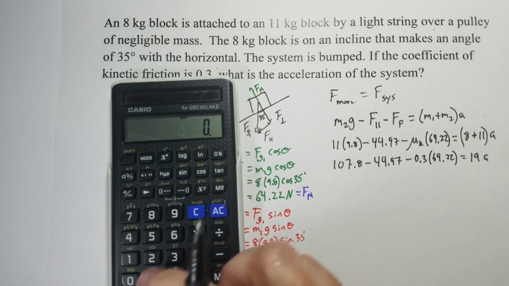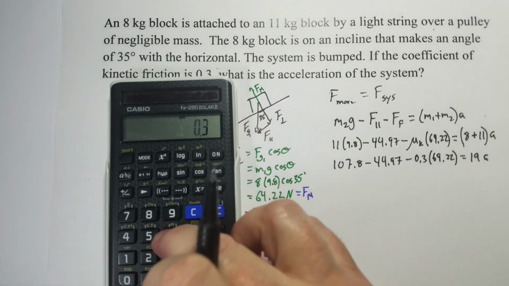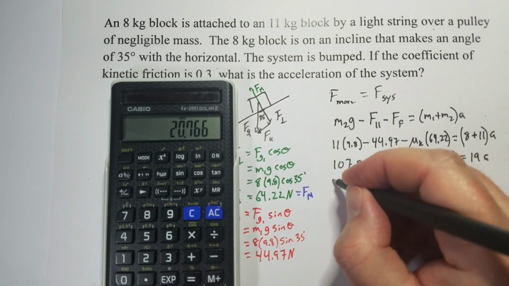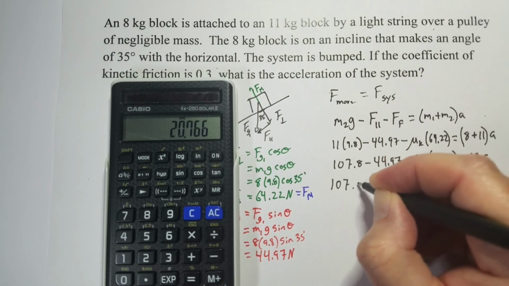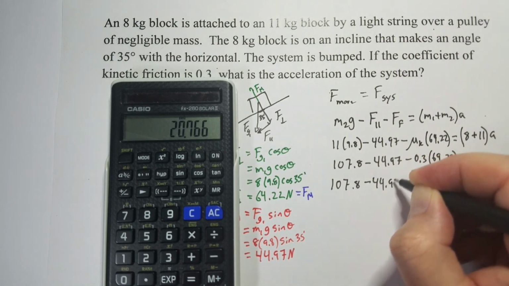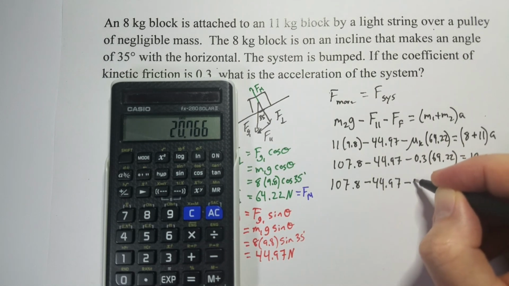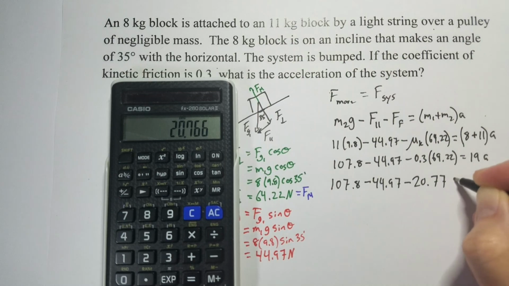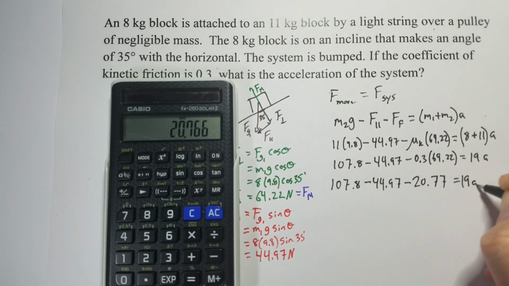So 0.3 times 64.22 gives me 20.77, we'll say. So 107.8 minus 44.97 minus 20.77 equals 19a.